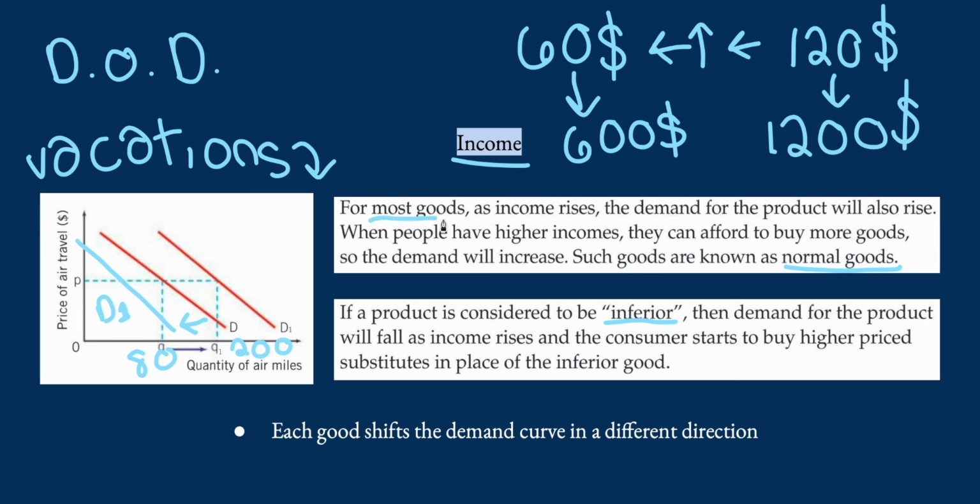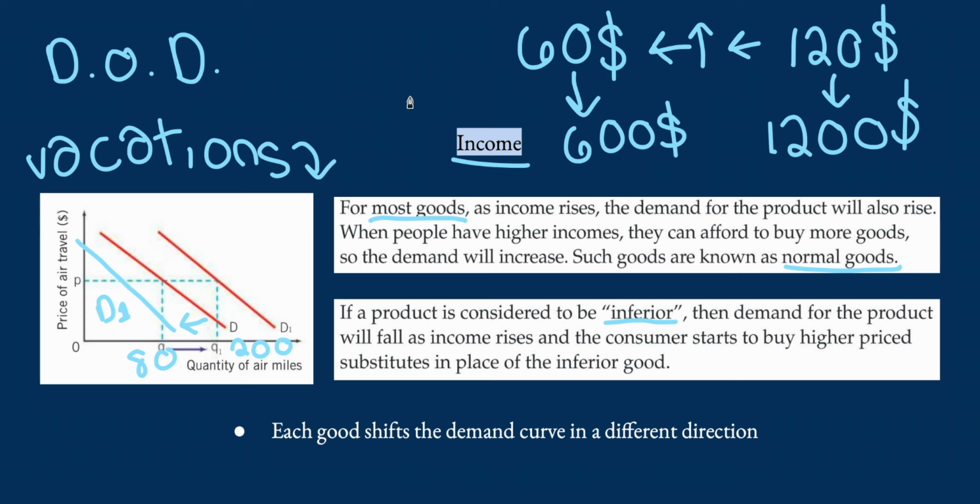I said most goods. I didn't say all goods because income affects different goods in different ways, okay? So for example, most goods are normal goods, meaning that they follow this rule. And I'm sure if you think about it in your life, most things, if your income did rise a stupid amount, you would buy more of or less of, depending if you got more or got less income, okay?